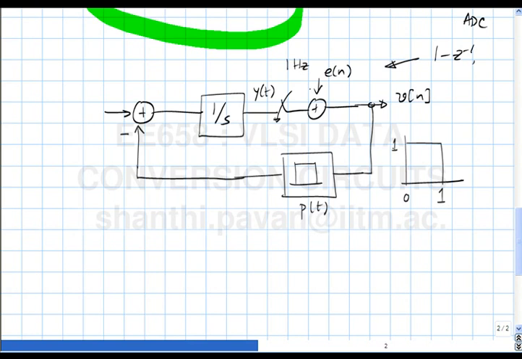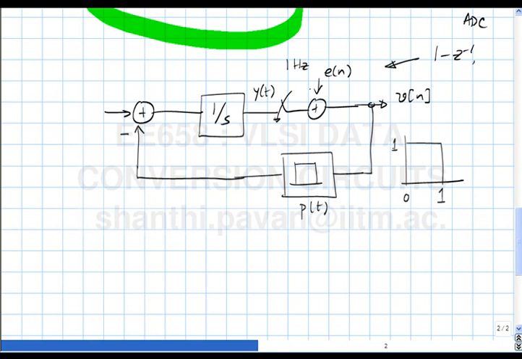Might take samples. Earlier we had 0 first and 1 else. The discrete time output was 0 at n is 0 and 1 everywhere. Discrete time output of what?